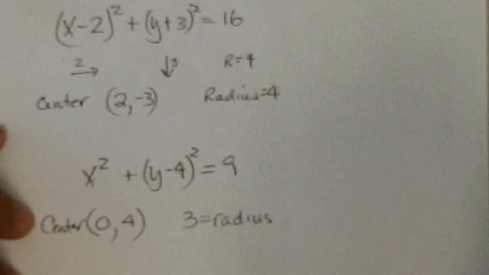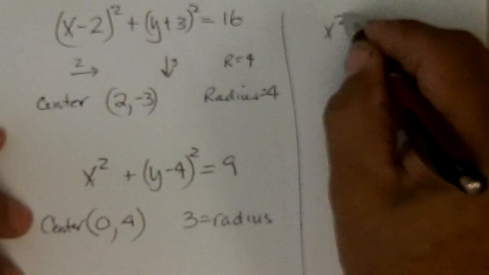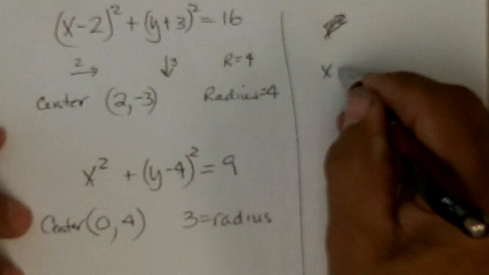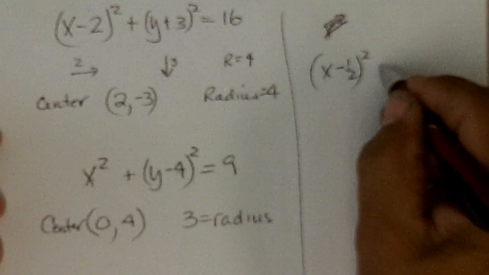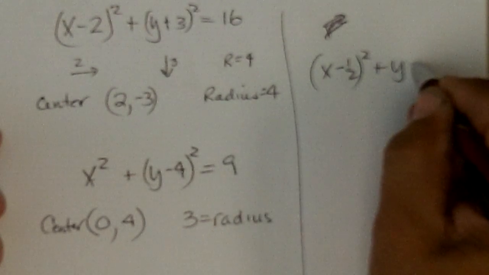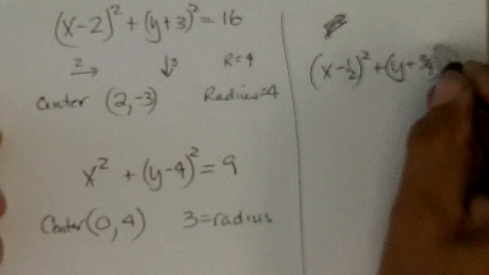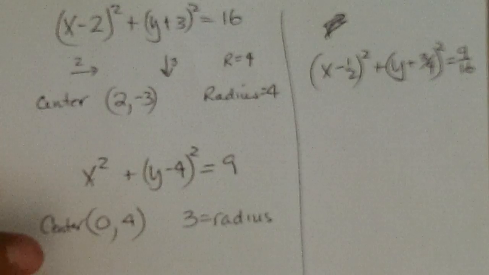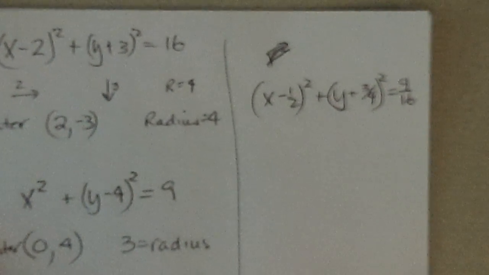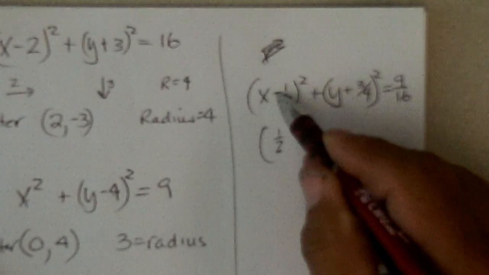What if I had x minus 1/2 squared plus y plus 3/4 squared equals 9/16? Okay, this would have a center at 1/2. Remember, we're doing the opposite.